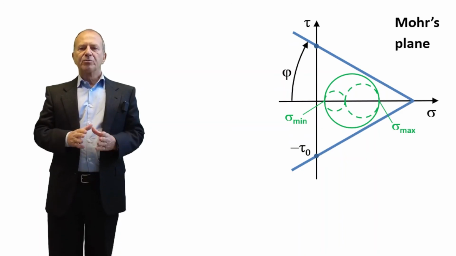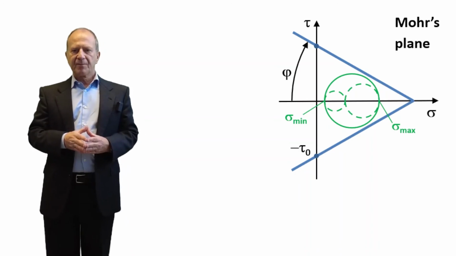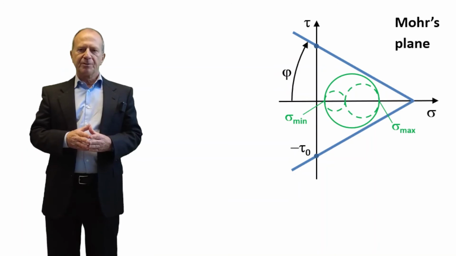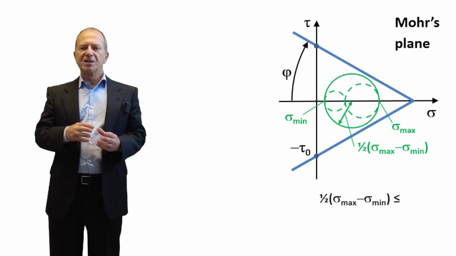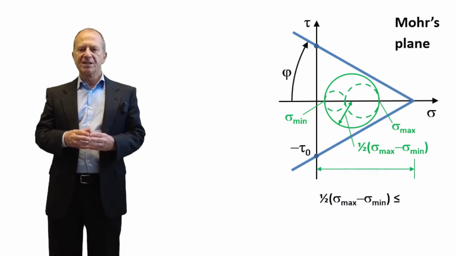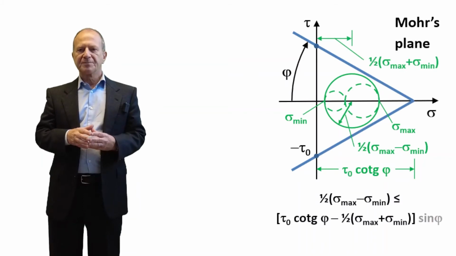Well, now we want to express this criterion in terms of principal stresses. Let's refer to the last picture and prescribe that the radius of the largest Mohr circle is smaller than or equal to the distance between the center of the circle and the boundary of the domain.